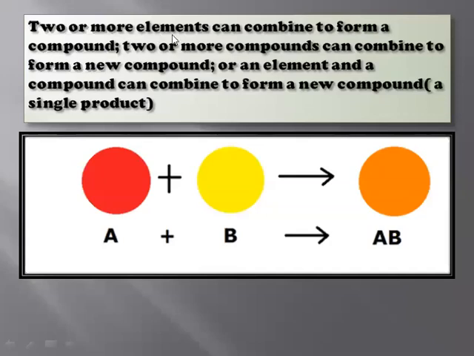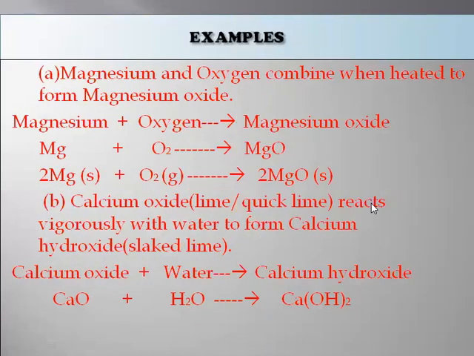2 or more elements combine to form a compound. 2 or more compounds can combine to form a new compound. Or an element and a compound can combine to form a new compound, a single product during a combination reaction. These are a few examples which show combination reaction.